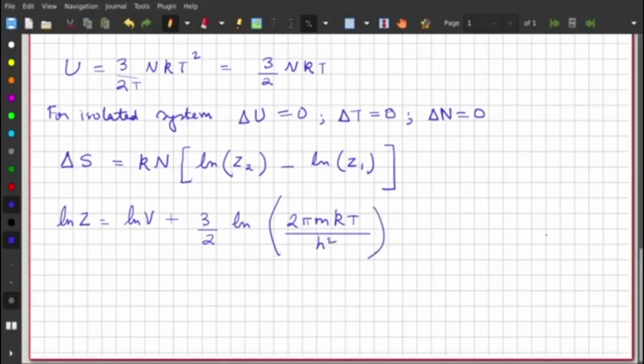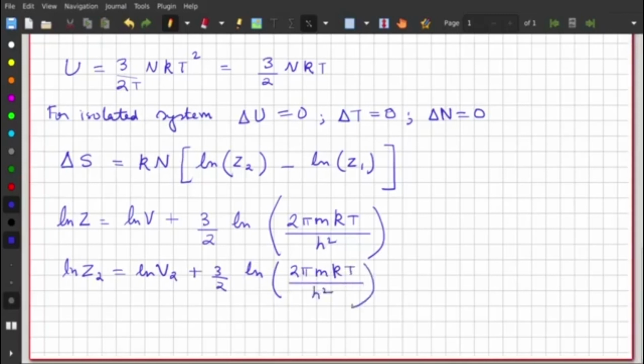And if we do it for the two states, the end state becomes log V2 plus 3/2 log (2 pi m k T by h squared), minus log V1 plus 3/2 log (2 pi m k T by h squared).